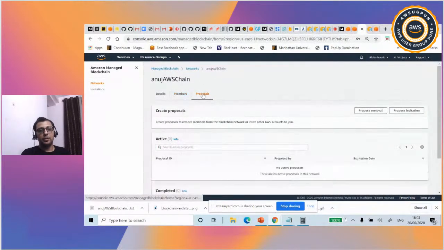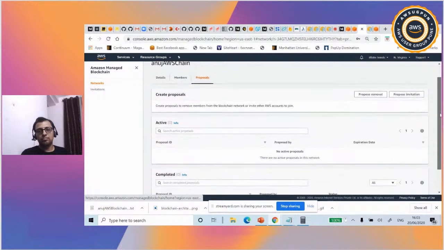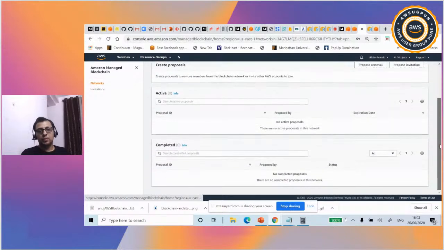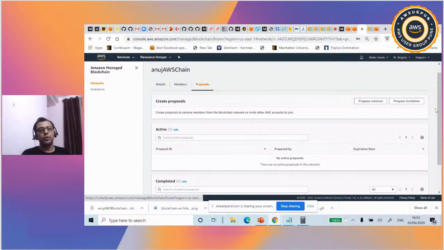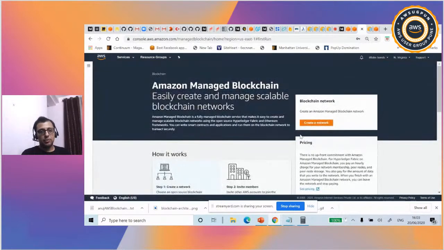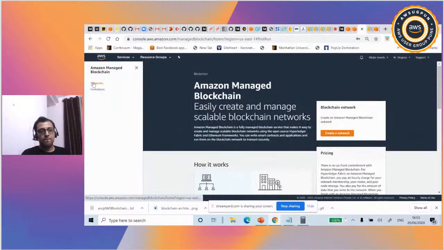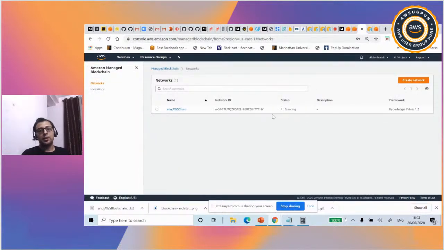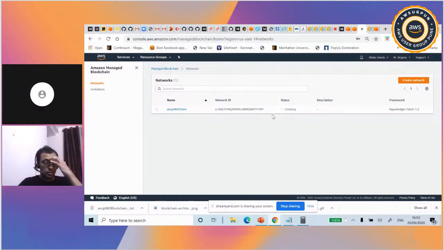And here you can see all the proposals which other members can push, and any change you have pushed will be visible here. This is all your invitations currently. This is still getting created, and it takes some time to come up.